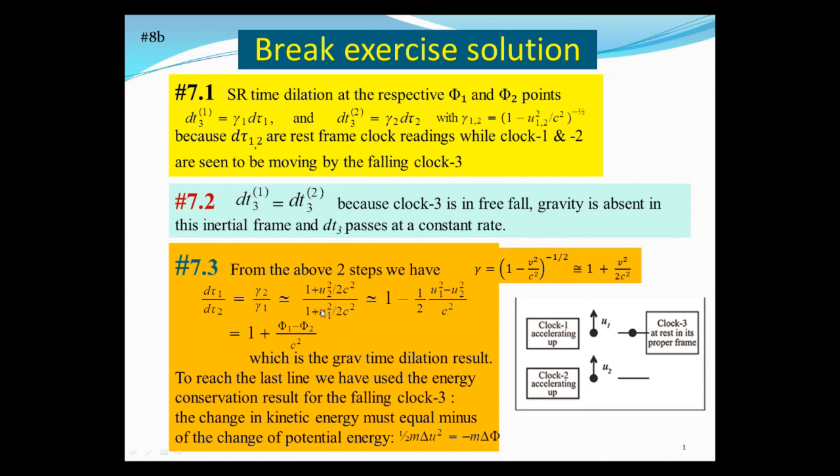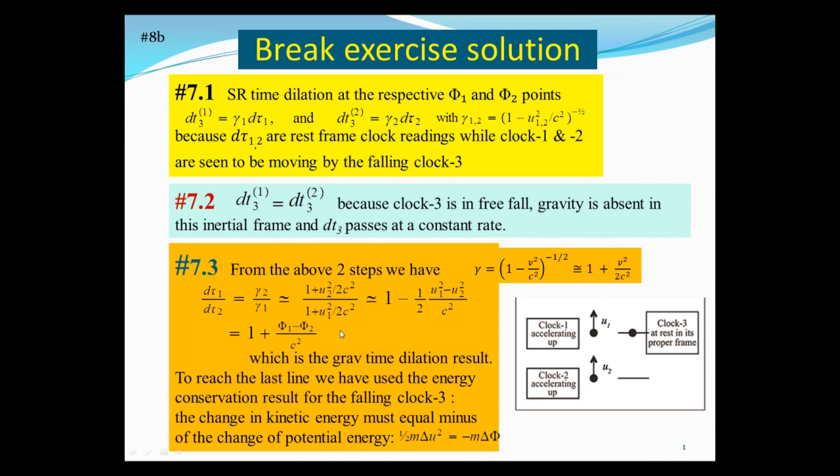Then I can always put the small correction in the denominator into the numerator by changing the sign, so it equals 1 minus u1 squared over 2c squared, and of course I still have the plus u2 squared over 2c squared. So the ratio of the two times is given by the velocity difference.